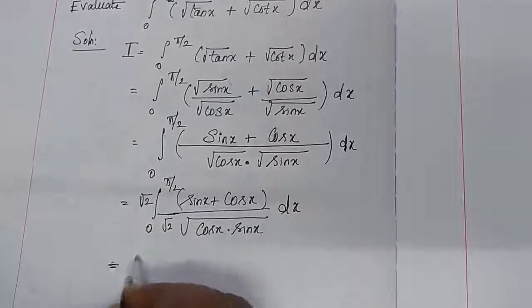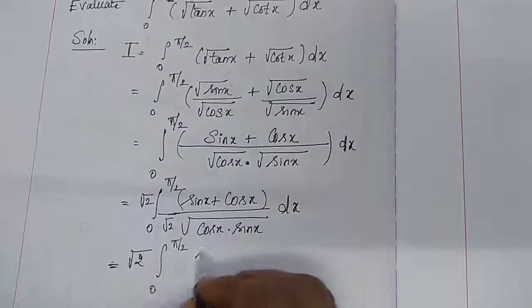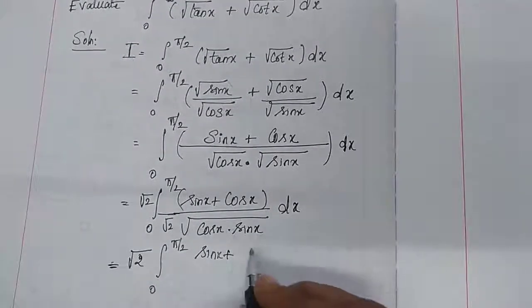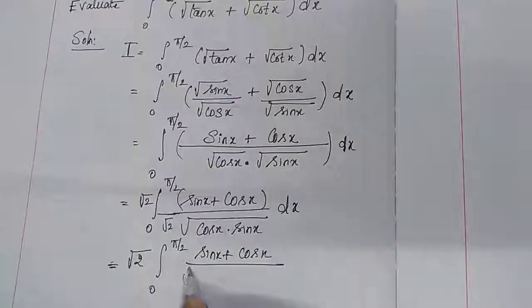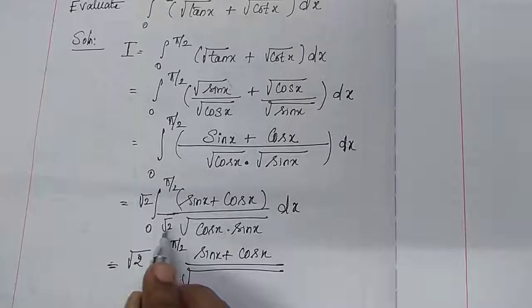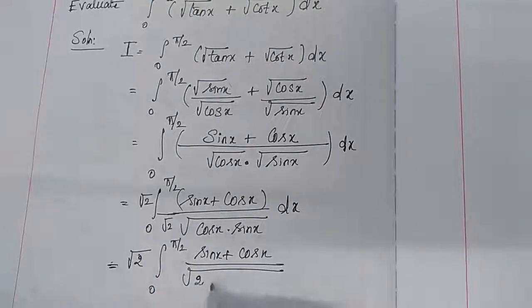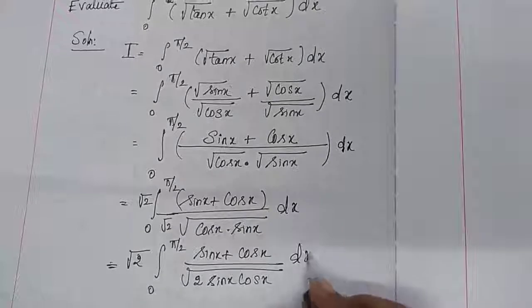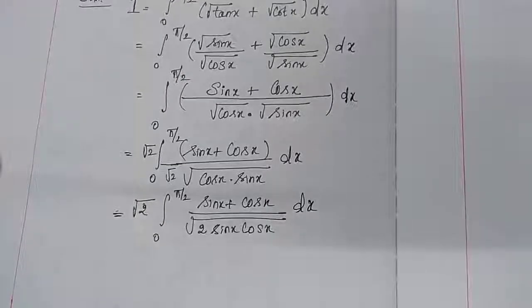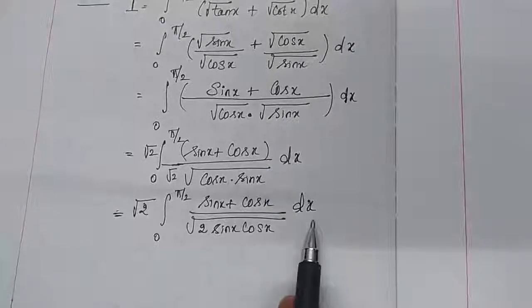In the next line it is root 2 times the integral from 0 to pi by 2 of sin x plus cos x, divided by root 2, where the 2 is introduced inside of the root. So we can write it as root of 2 sin x cos x, dx.